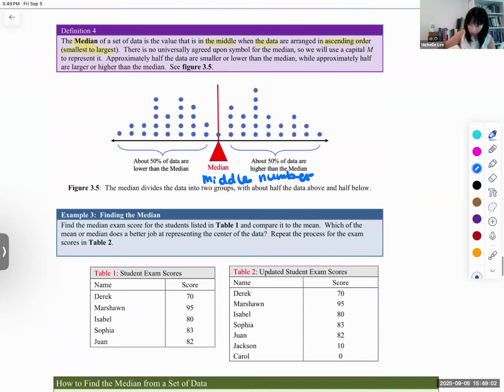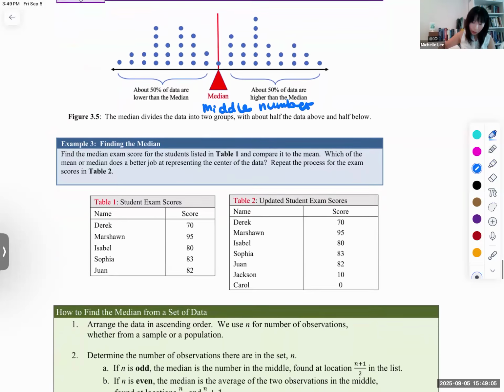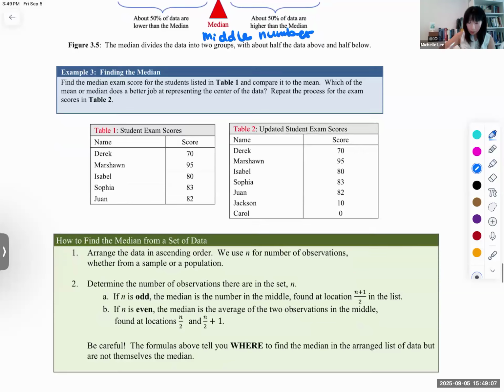Now we want to find the median in this case, but there is a strategy for how to find the median. So let's take a look. Number one, arrange the data in ascending order, because the definition of median is the middle number of the data in ascending order.